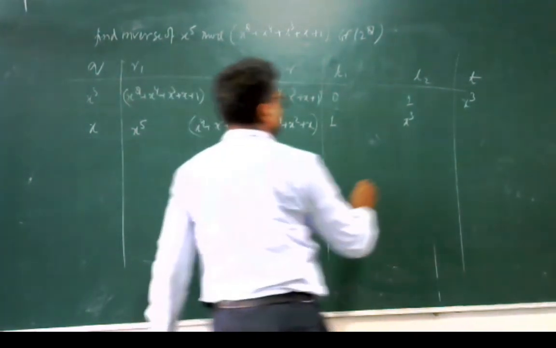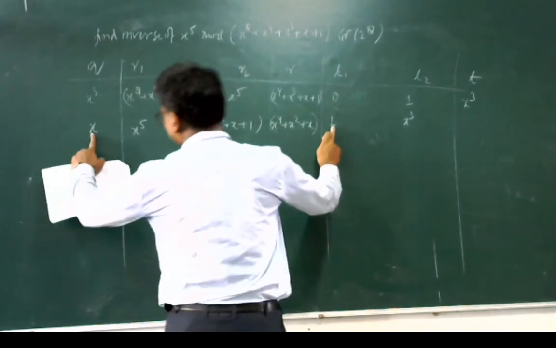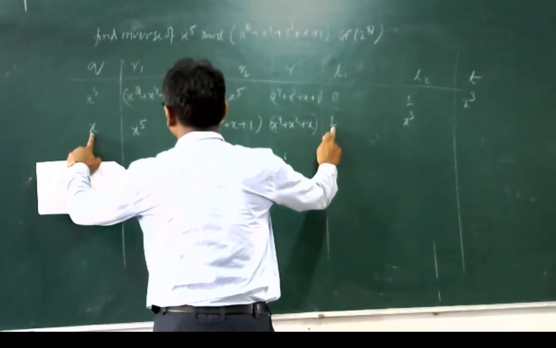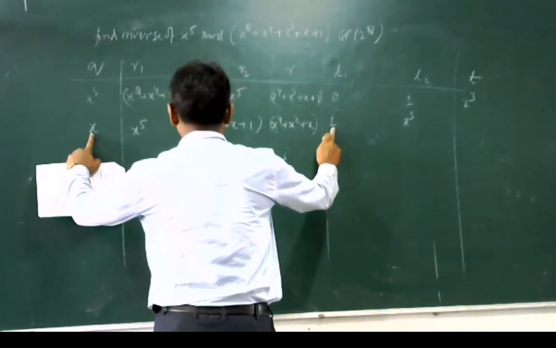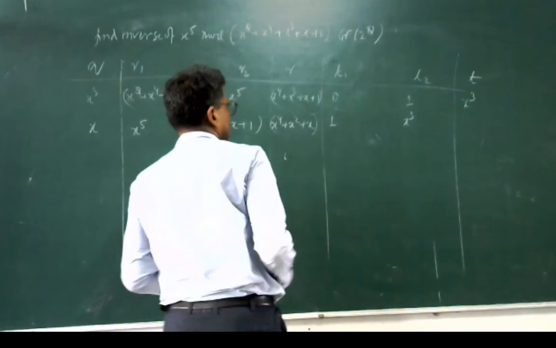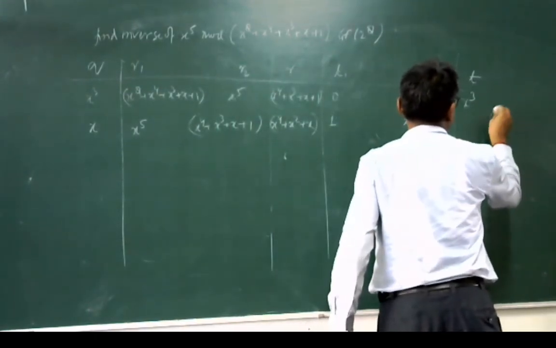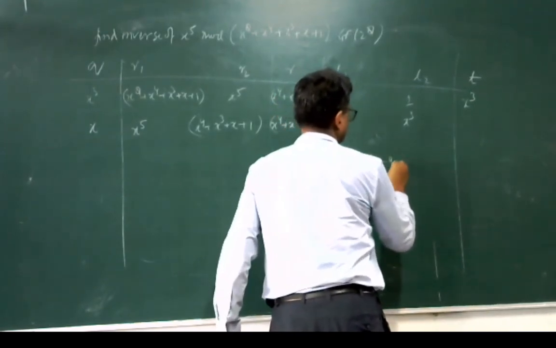What will be the value of t? 1 minus x. 1 minus x. T will be equal to T1 minus Q into T2.